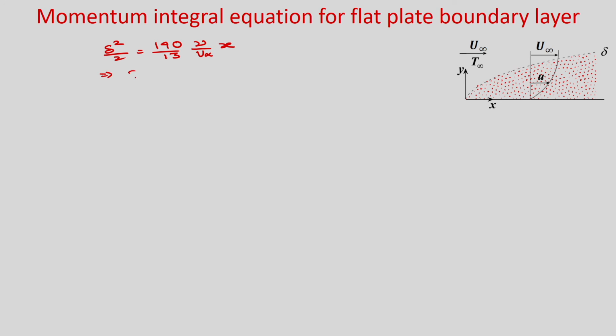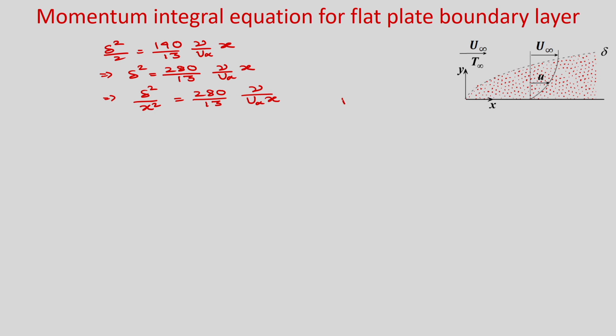If you rearrange, you will get delta square is equal to 280 by 13 nu by u infinity into x, or you can write delta square by x square is equal to 280 by 13 nu by u infinity x. Now you see in the last term you have nu by u infinity x. That you can express in terms of Reynolds number.